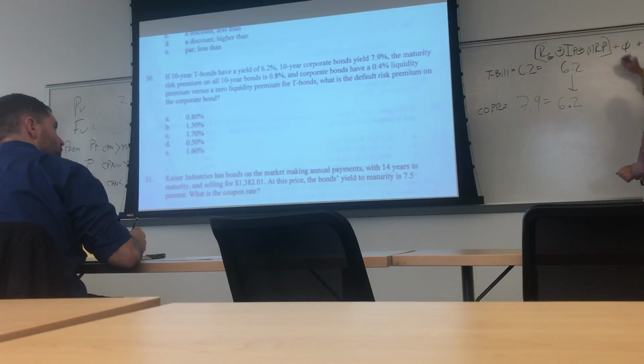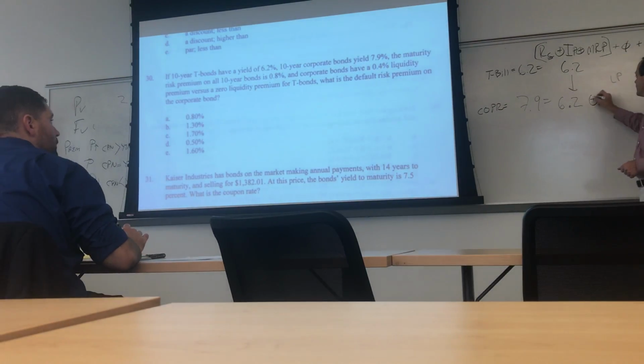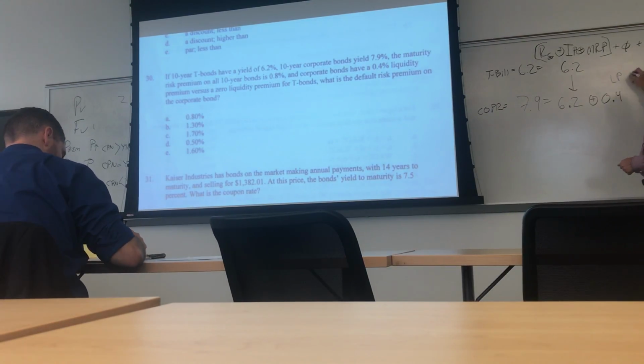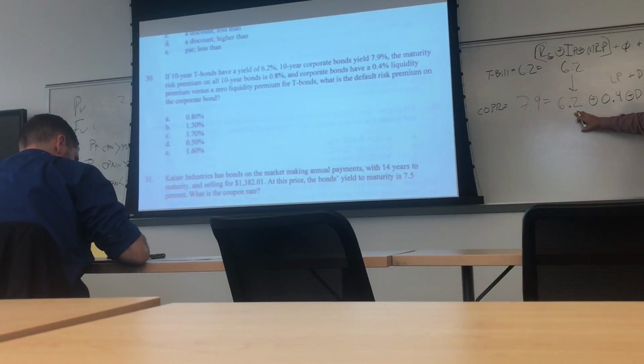All right. And let's call this, they give us, my liquidity premium of 0.4. And then we have our default risk premium. So can you solve for that? Yes or no? Yes. Okay. You come out with 1.3%.